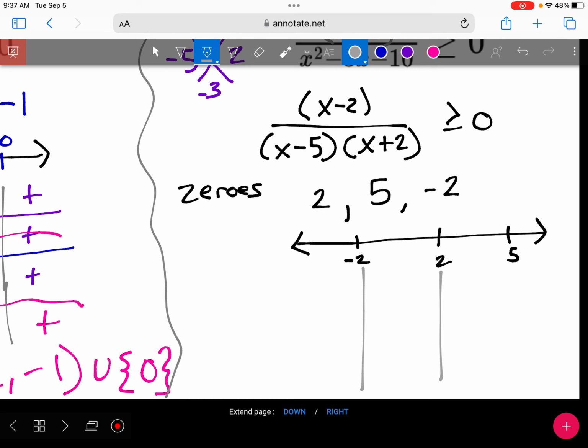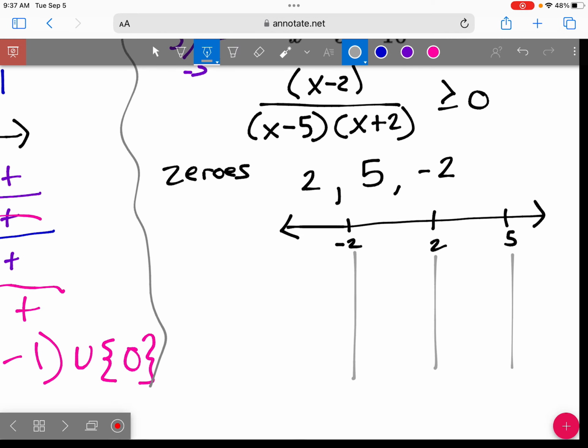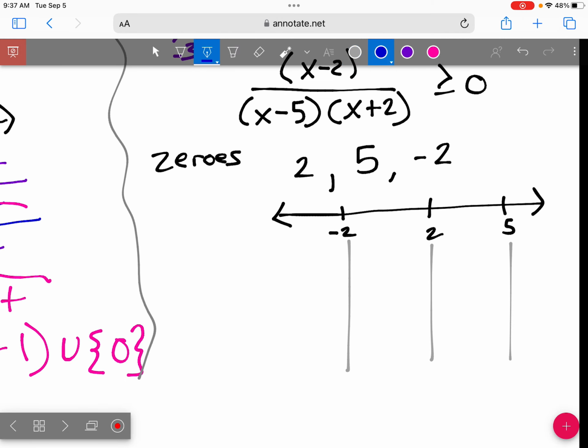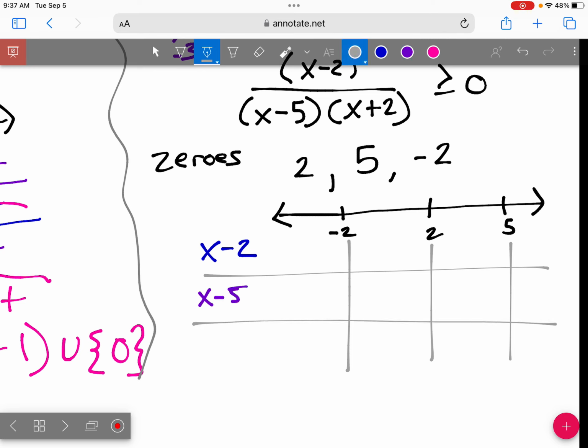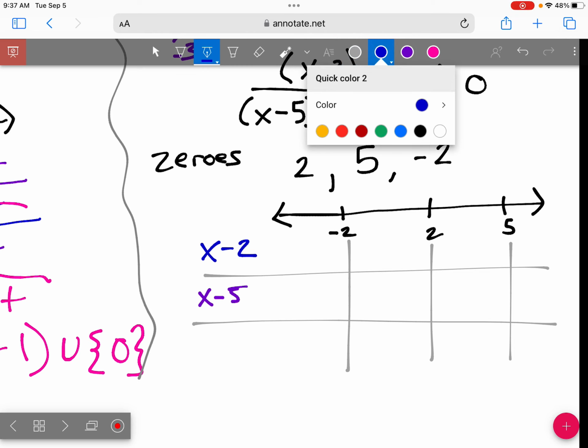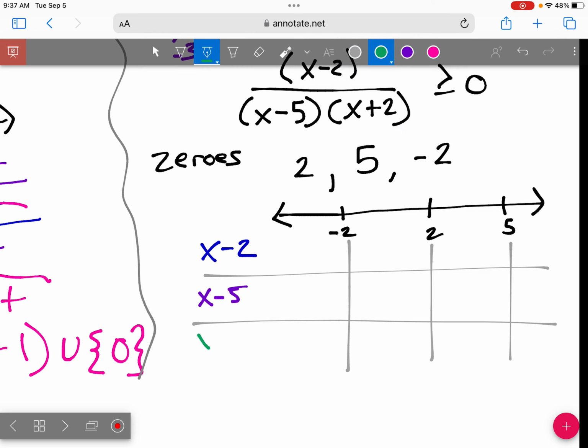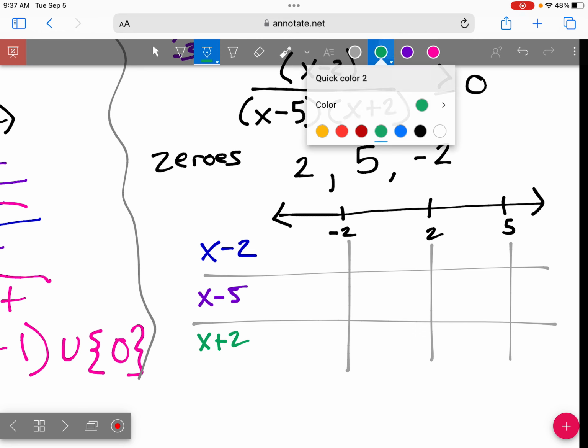Just give myself some more space. So we're going to look at x minus 2, x minus 5, and x plus 2.